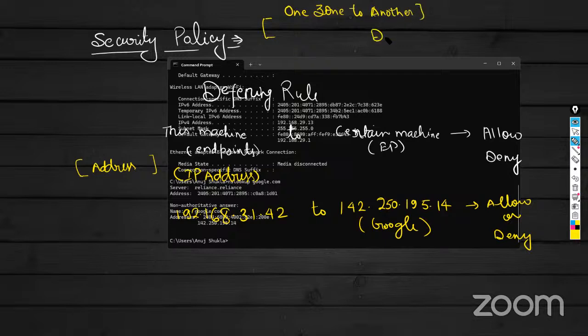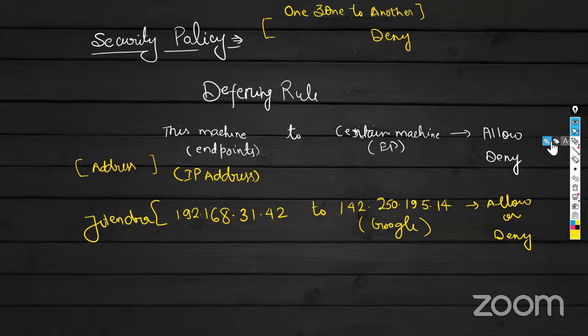Traffic is denied, so you cannot access anything. If Jiten wants to access google.com, I have to define a rule that says I have to allow this.